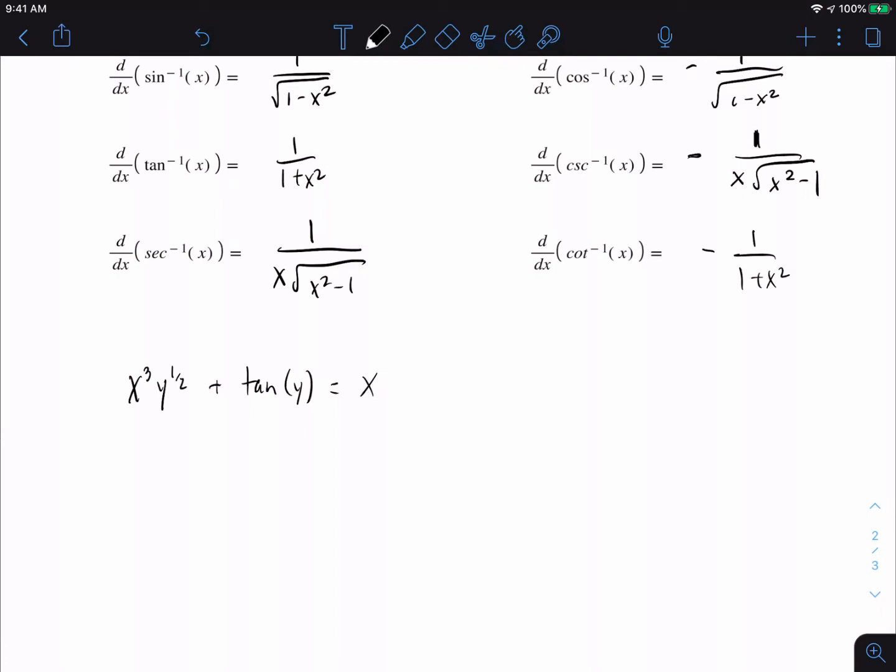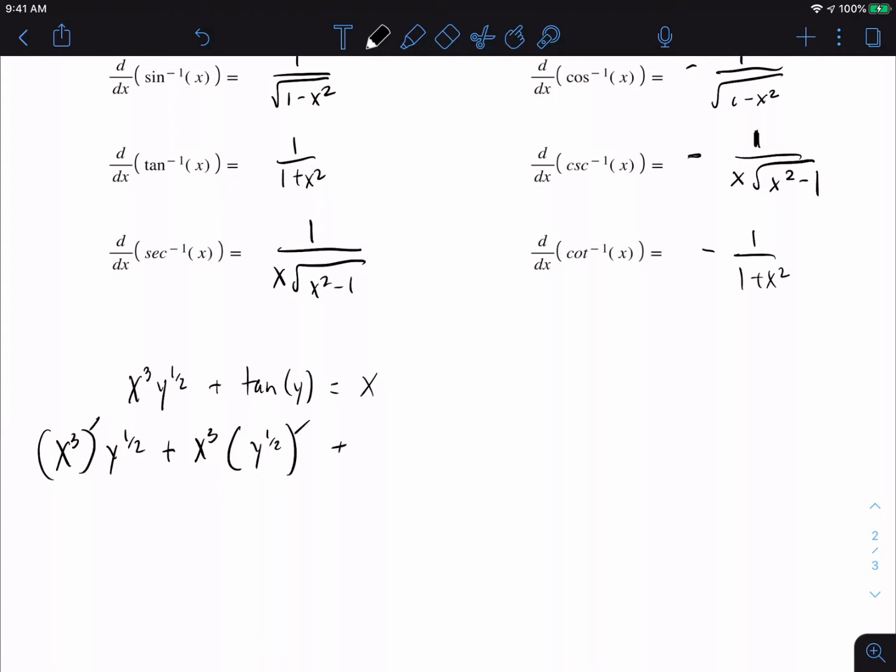So this first piece here, this is a product, right? So that means we're going to have to use the product rule. So I'm going to write it down so it looks like the product rule to you guys, okay? So I'm going to go, okay, this x cubed has got to be primed times y to the 1/2 plus x cubed times y to the 1/2 has to be primed, correct?